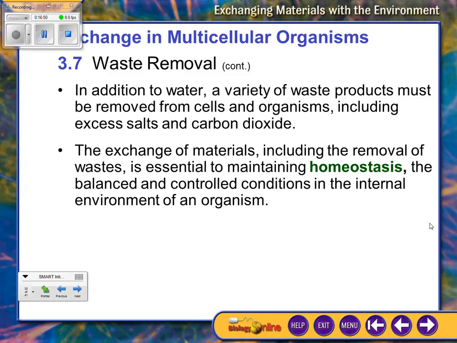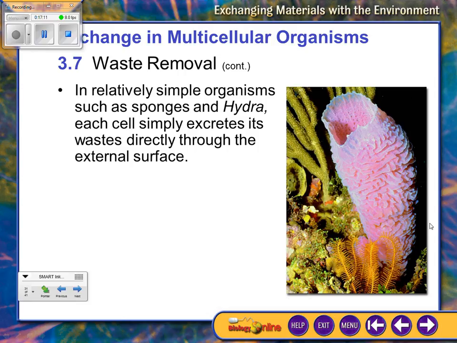We need the right amount of water. We need to be the right temperature, right? We need the right amount of sugar in our blood, or we have diabetes. So homeostasis is the fact and the process of keeping us all in balance of what we need. And if we're not kept in balance, we're going to be sick. It could even be a whole disease.